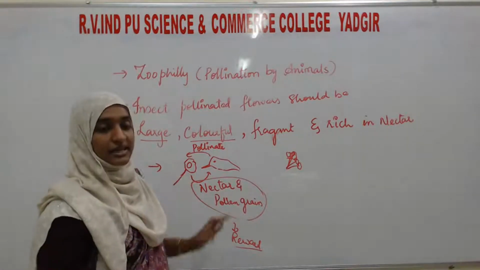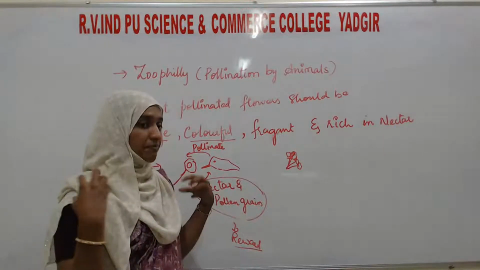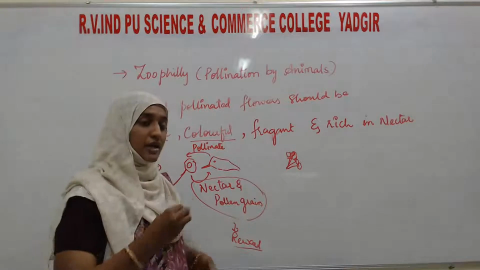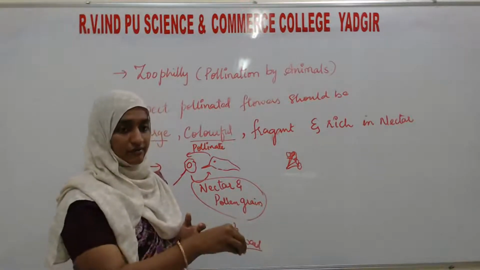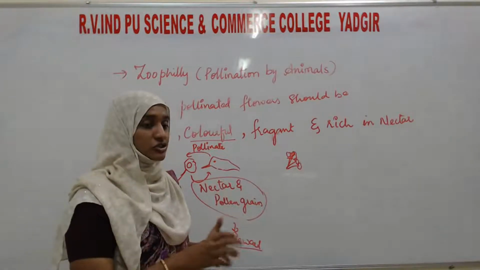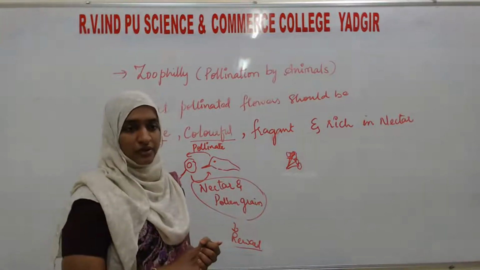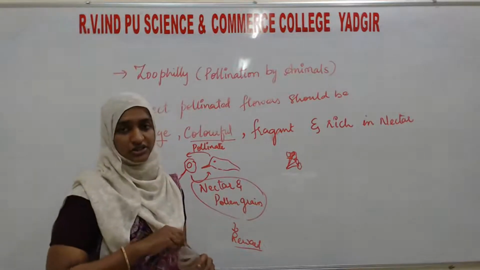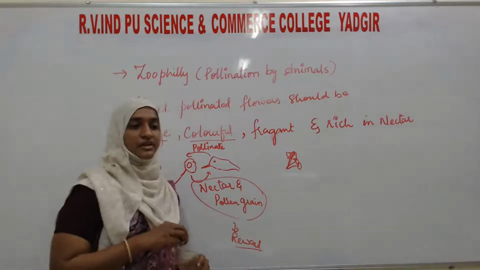They collect the nectar like that, keeping the pollen grains on the body, and they fly away. When they sit on another flower of another plant or on the same plant, those pollen grains are going to be shed on that particular stigma. So in this way it brings about the pollination. In this way they are going to pollinate the flowers.